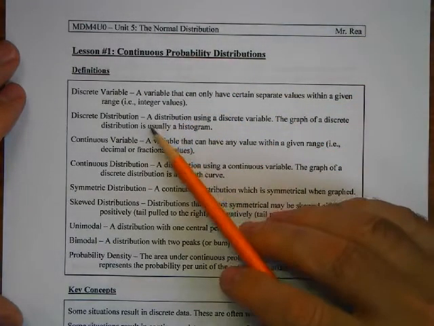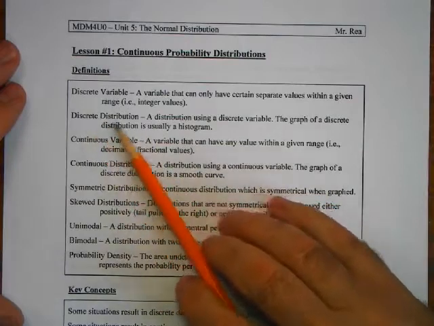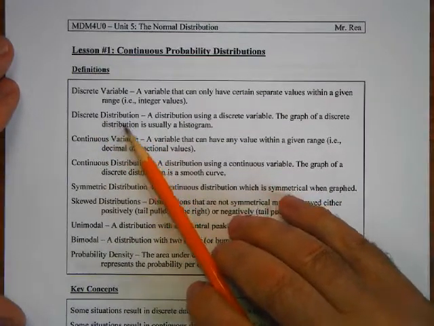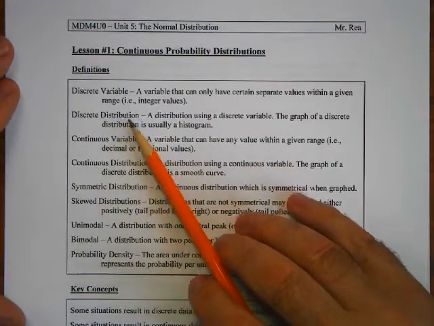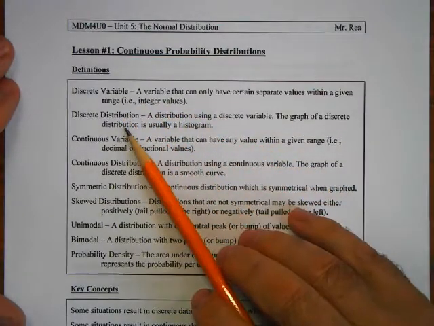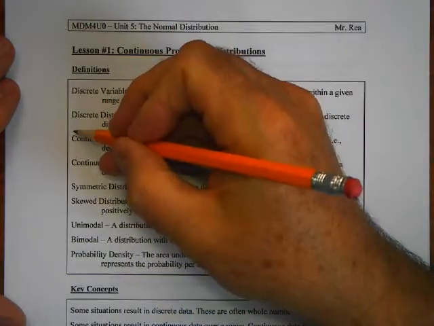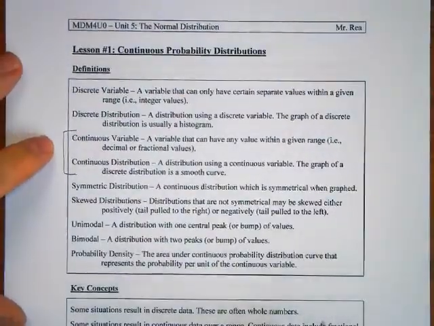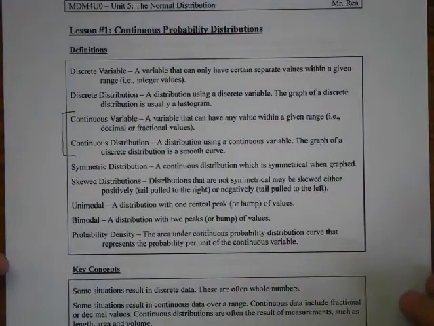And we looked at these discrete distributions, binomial being probably the most famous. But today, and in this unit, we will be talking about, well, what if we have a continuous variable?